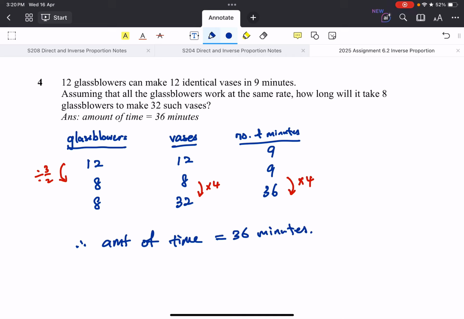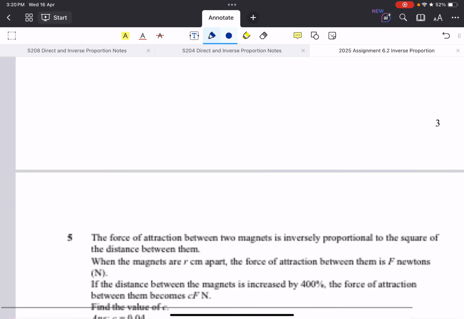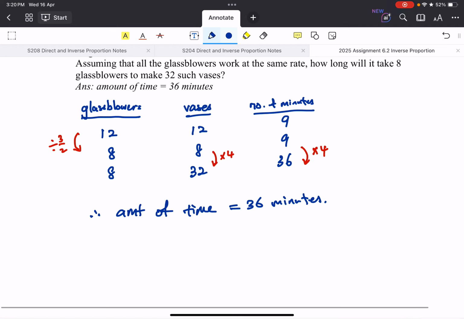Well, this is direct proportion. It's not an inverse proportion question. Maybe there's a part 2. Because this is an inverse proportion worksheet, I was thinking of inverse proportion, but we can throw it there. The actual assessment that you will have won't tell you whether it's direct or inverse. So do read the question carefully. Don't be like me.